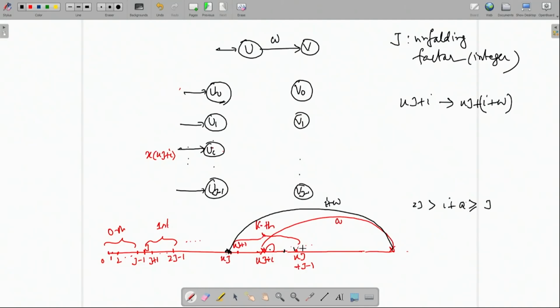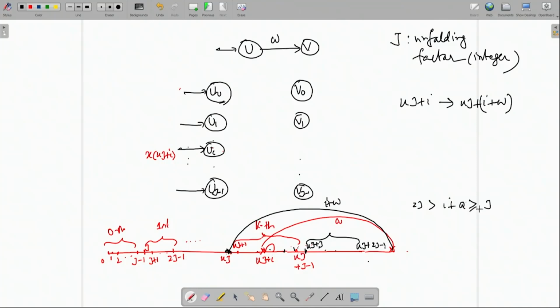That means, if you take the next block, it starts at Kj plus J and goes up to Kj plus 2J minus 1, okay.